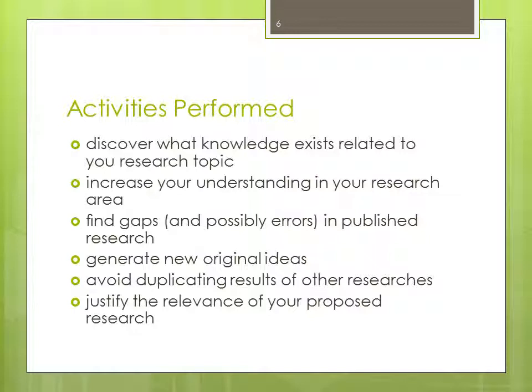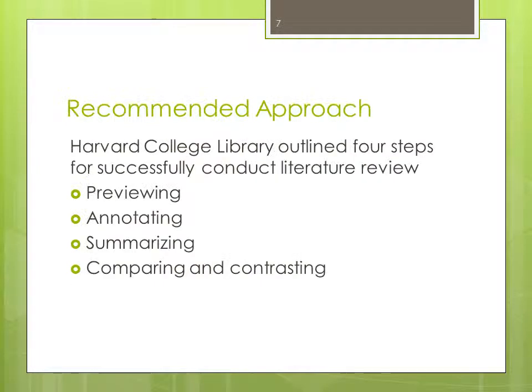For this lecture, I'm going to use the Harvard College Library recommendations, where they put a couple of bullet points or outlines for their students to be able to practice effective literature review. These 4 steps are previewing, annotating, summarizing, and comparing and contrasting.